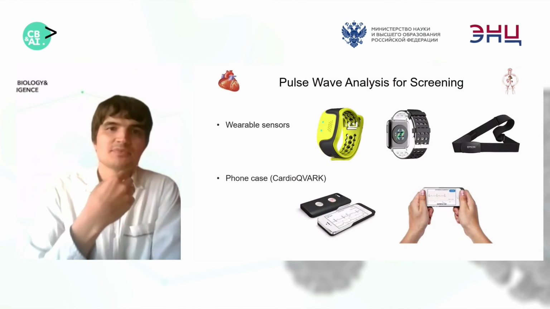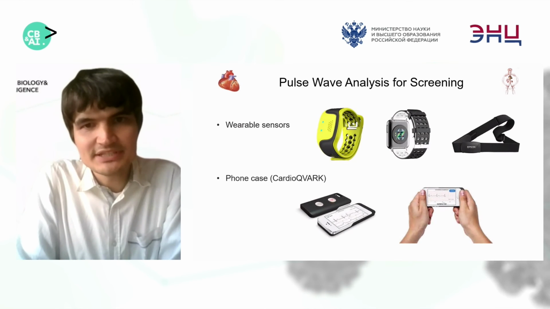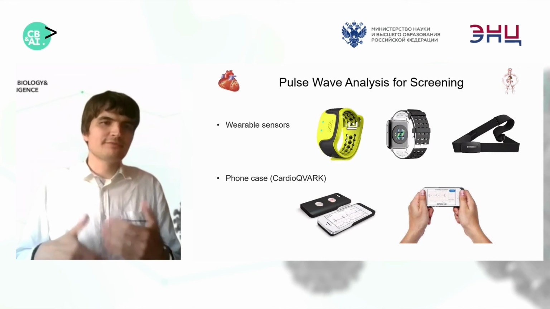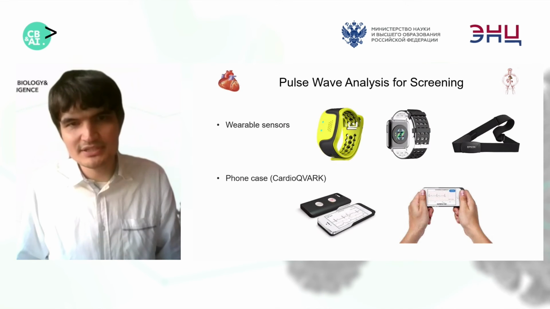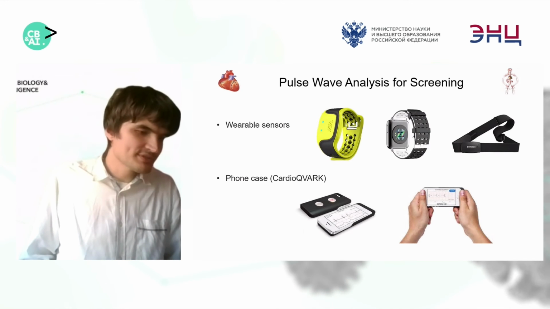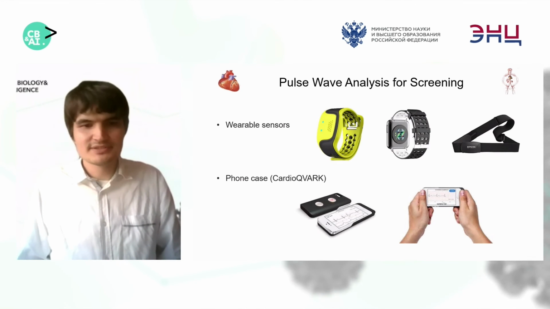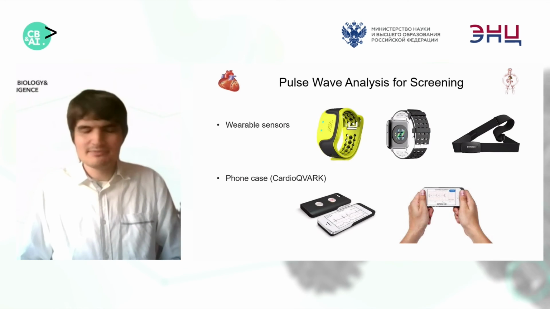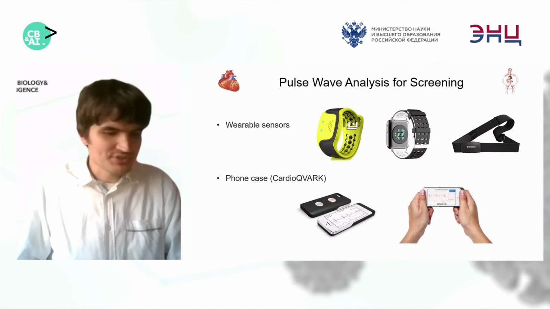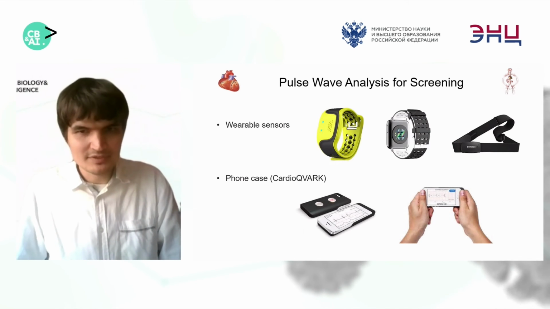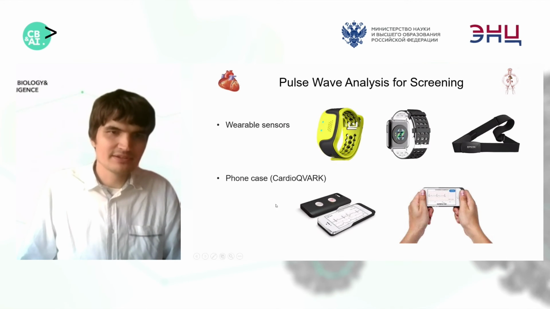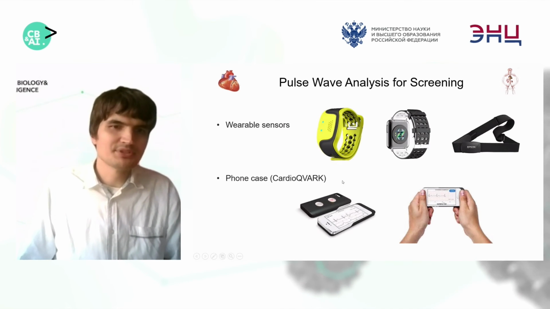And this idea of utilizing pulse wave analysis for screening can be very promising, because right now we have a lot of wearable sensors on the market, some smart watches, smart bracelets, and other detectors. They've got variable precision and accuracy, of course. We also have some phone cases, like here, the one produced by the company Cardiac Quark.